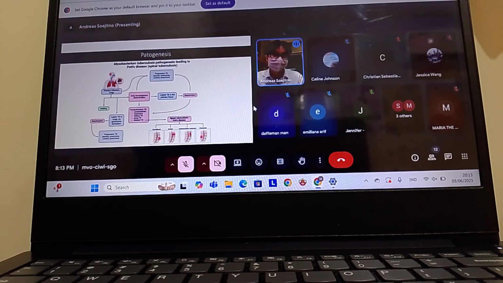Either it goes into the brain, causing meningitis or meningoencephalitis, or it goes to the spine, causing spondylitis TB. We call it Pott's disease. This is the term for TB spondylitis in the U.S.